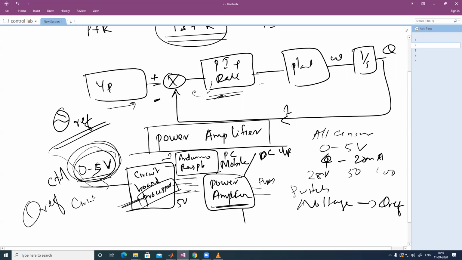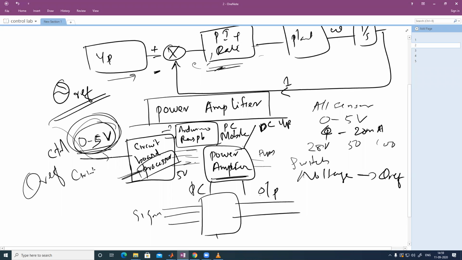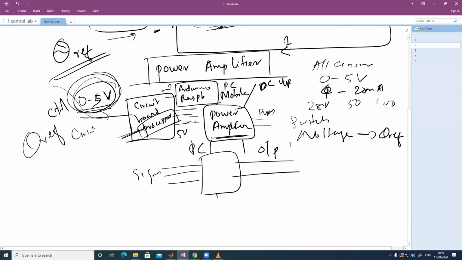So this power amplifier circuit actually has this signal input and DC input, and it will produce an output. This output corresponds to the voltage of this motor. So if it is a 28 volt motor, maximum it can produce plus or minus 28 volt.